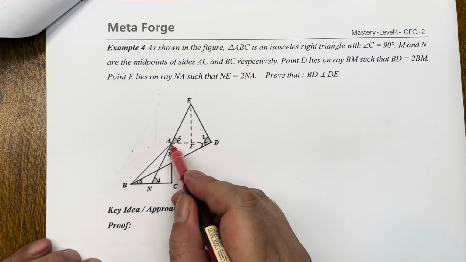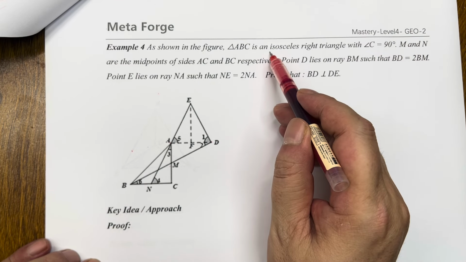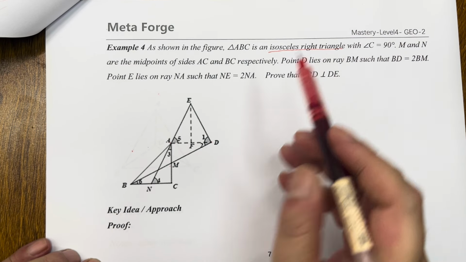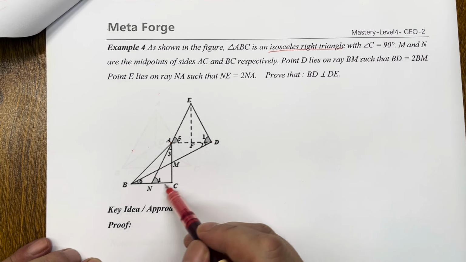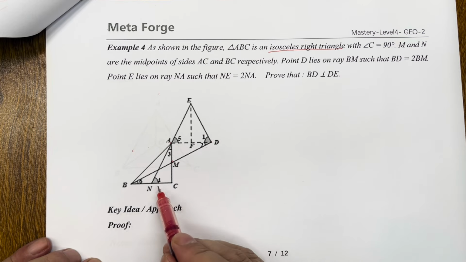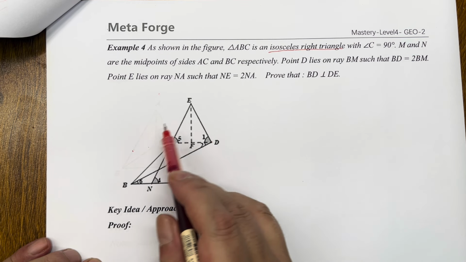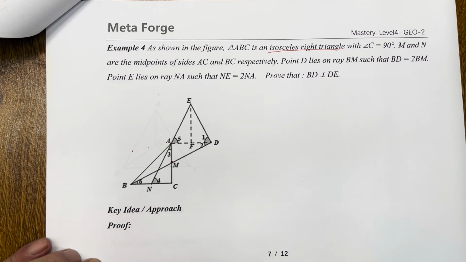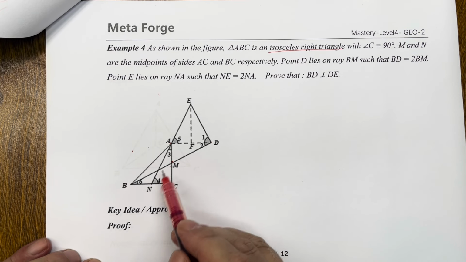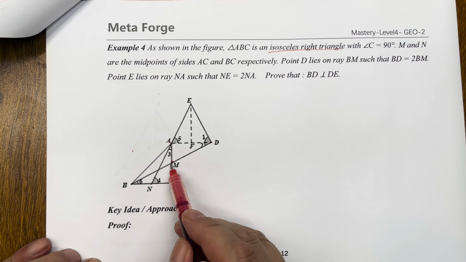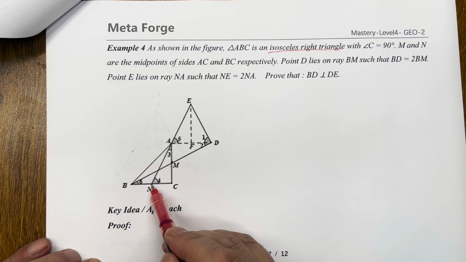ABC is an isosceles right triangle too. Again, okay, it happened again. M and N. This figure is a little small. A is the middle point.